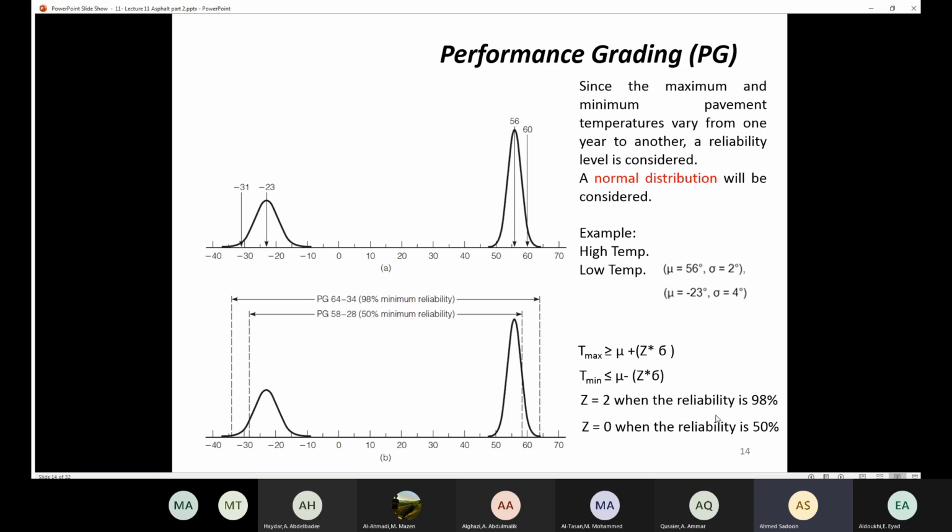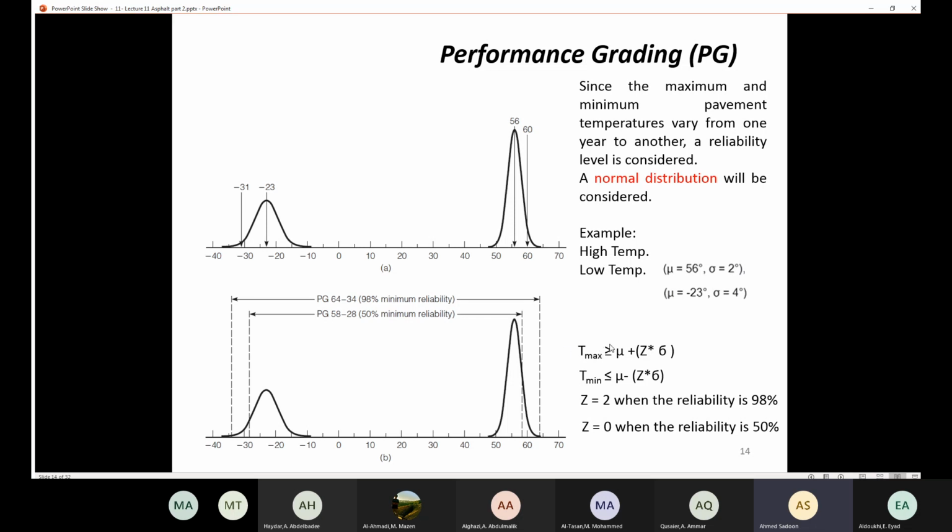When the reliability or the probability is 50%, then the value of Z is going to be 0. So the first job here, we need to determine the binder grade according to the 98% minimum reliability. Okay, so in this case, the value of Z is going to be 2. I'm going to use this equation here in order to determine Tmax.